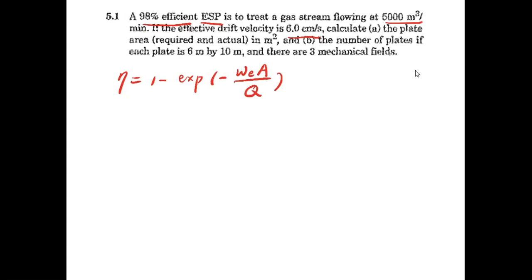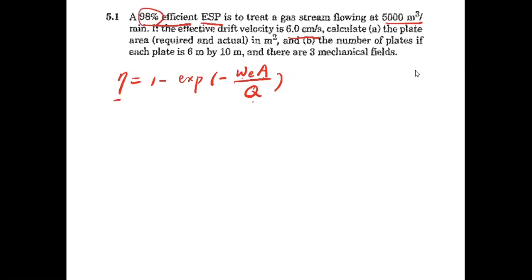So for any ESP, it should follow this equation here, right? So that it's dependent on the effective migration velocity, the total active area of the plate, and also the flow rate, right?